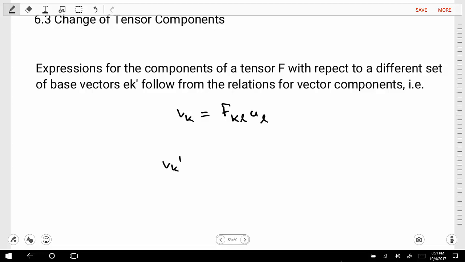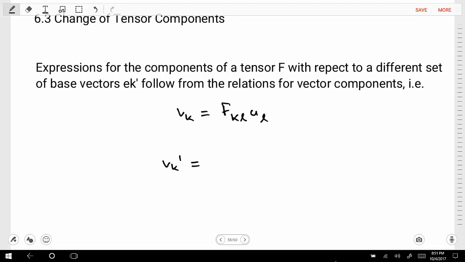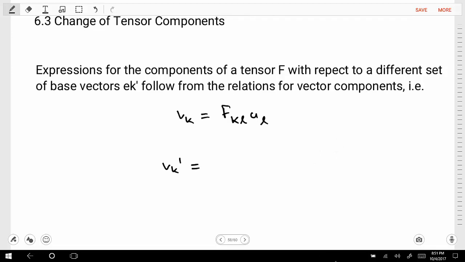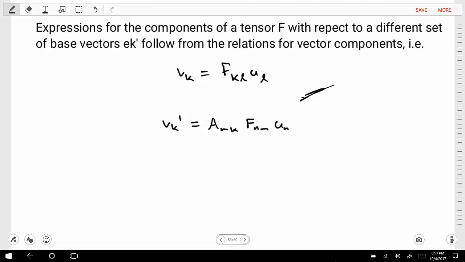Well, VK in our new system will be equal to a transformation tensor A MK, our tensor F in M, and our input UN. And then let's go ahead and replace the input UN such that we get A MK F.